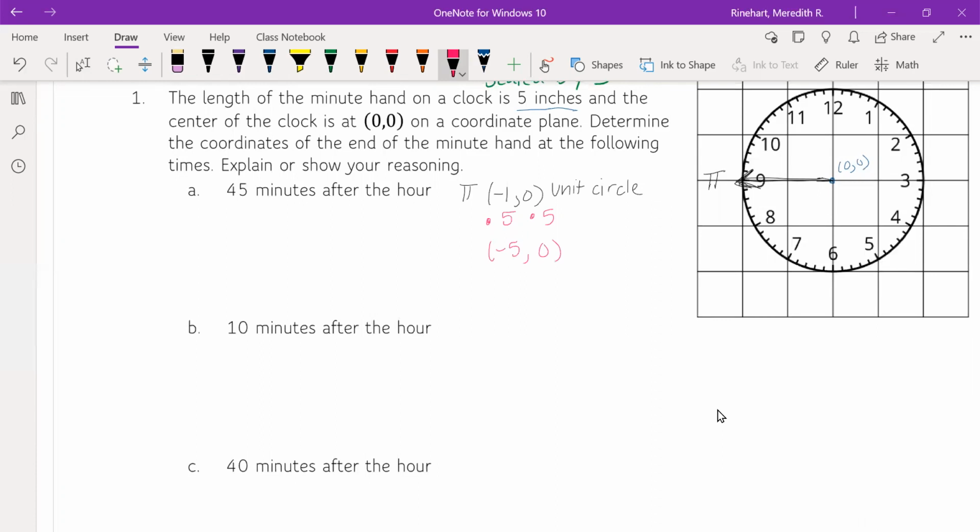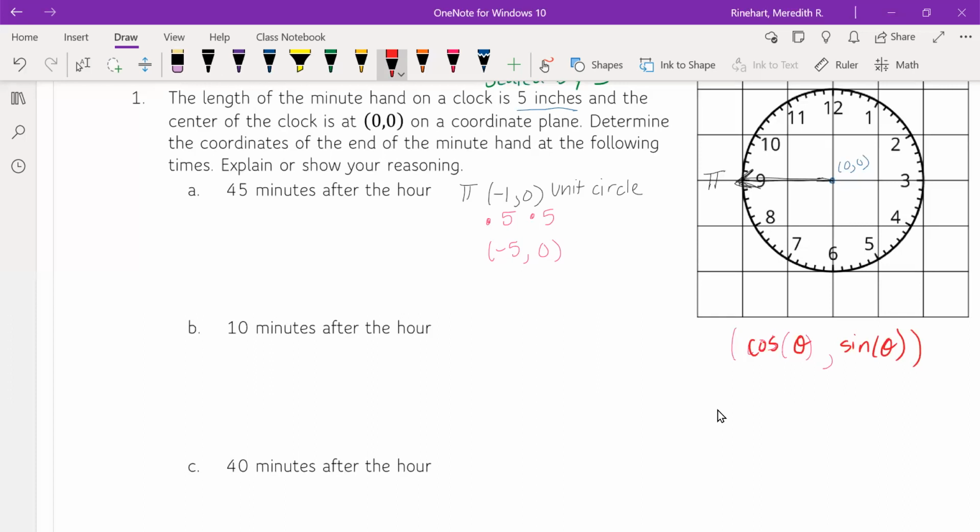Another possible solution is to remember that on a unit circle, cosine is our horizontal values, and sine is our vertical values. So we could use sine and cosine as well.